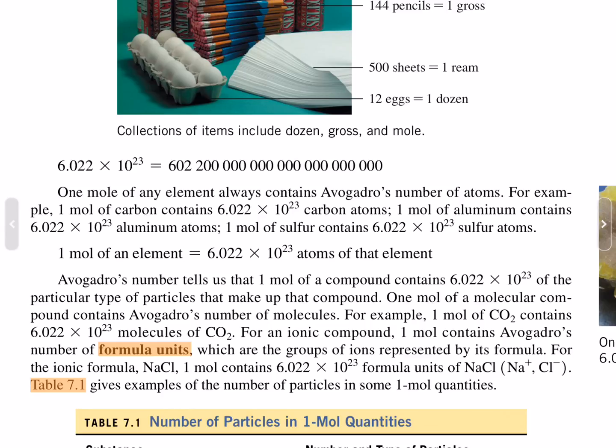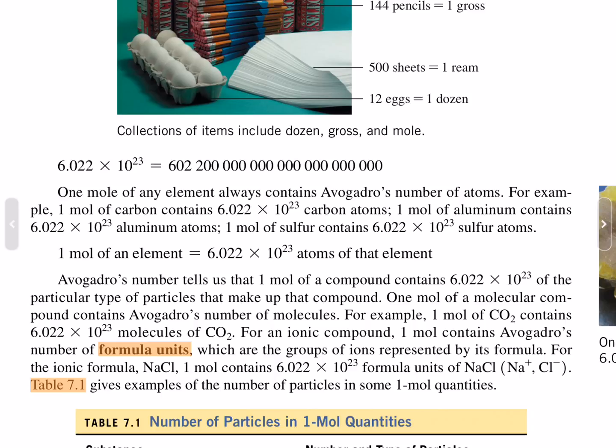Avogadro's number tells us that 1 mole of a compound contains 6.022 times 10 to the 23rd of a particular type of particles that make up that compound. 1 mole of a molecular compound contains Avogadro's number of molecules. For example, 1 mole of carbon dioxide contains 6.022 times 10 to the 23rd molecules of carbon dioxide.